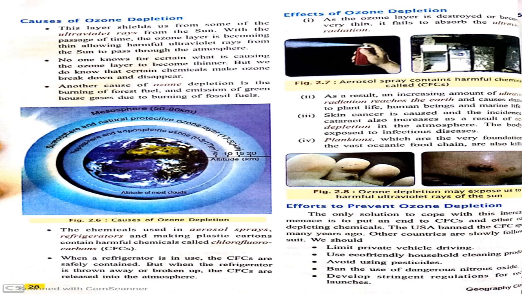Now, what is global warming? Global warming means the rise in the mean global temperature to a level which affects the life forms on the Earth's surface. Okay, when the global temperature affects the life forms on the Earth's surface, then it is known as global warming.